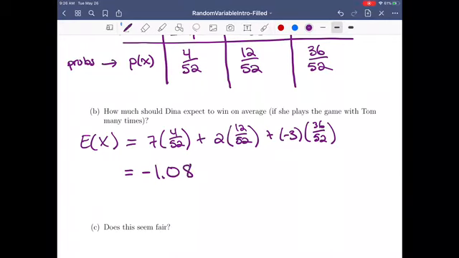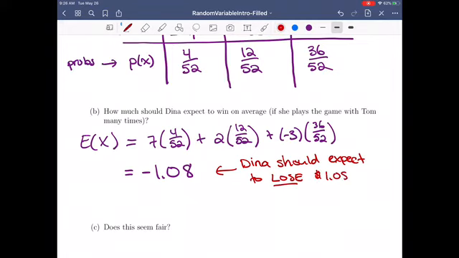So what does that mean? If Dina plays this game with Tom many times, on average, because this is negative, she should expect to lose $1.08 each round, if she played a lot of rounds.